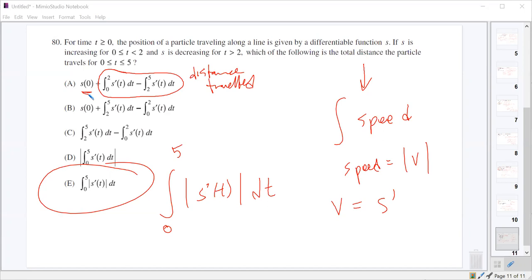Conceptually, D, the absolute value of, D has no conceptual meaning whatsoever with relation to any sort of particle motion. It's just some garbage they put there to hope that you'd put the absolute value in the wrong place and get it wrong.